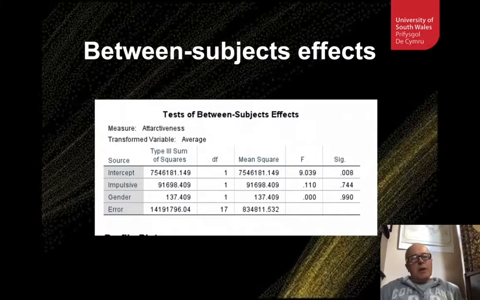And if you look at our between participants effects table, we can see for gender, for example, we've got an F-score of 0 and a significance level of approaching 1 there. So really, there's no significant difference between males and females, even controlling for the impulsivity scores.